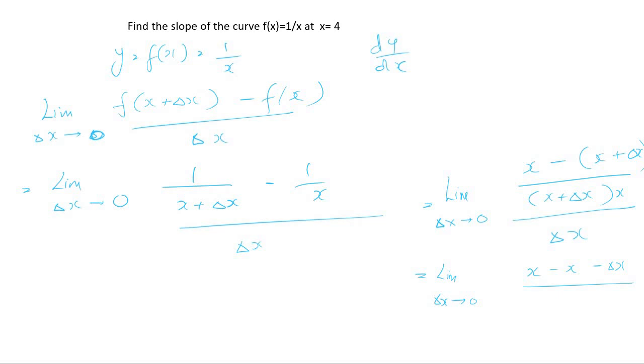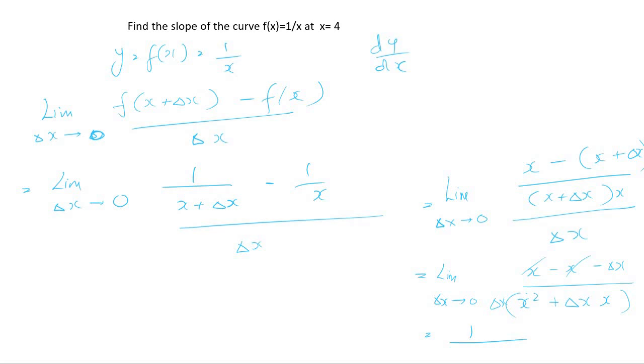So we have x squared plus delta x, and the whole thing multiplied by delta x. So that's this delta x.